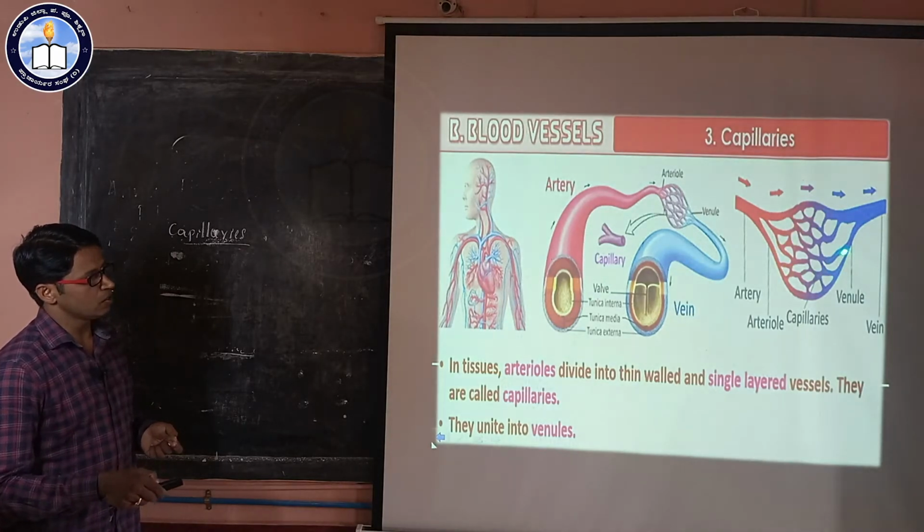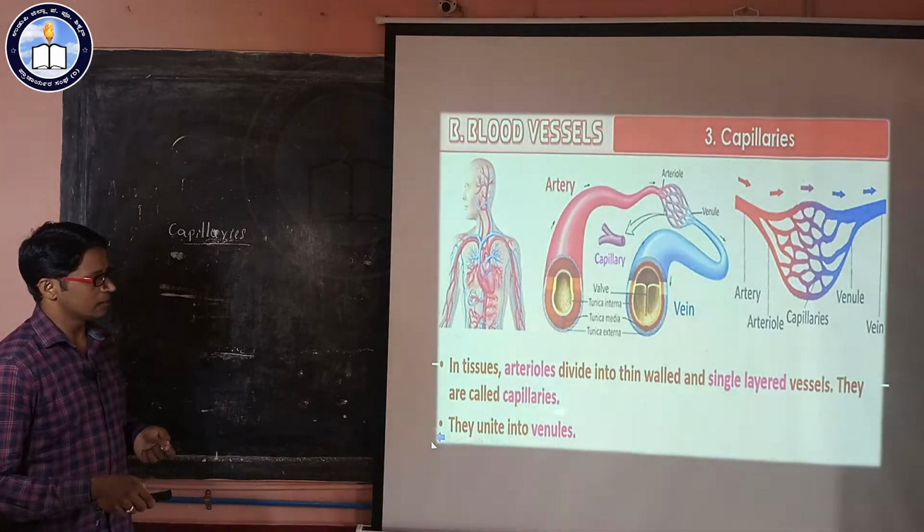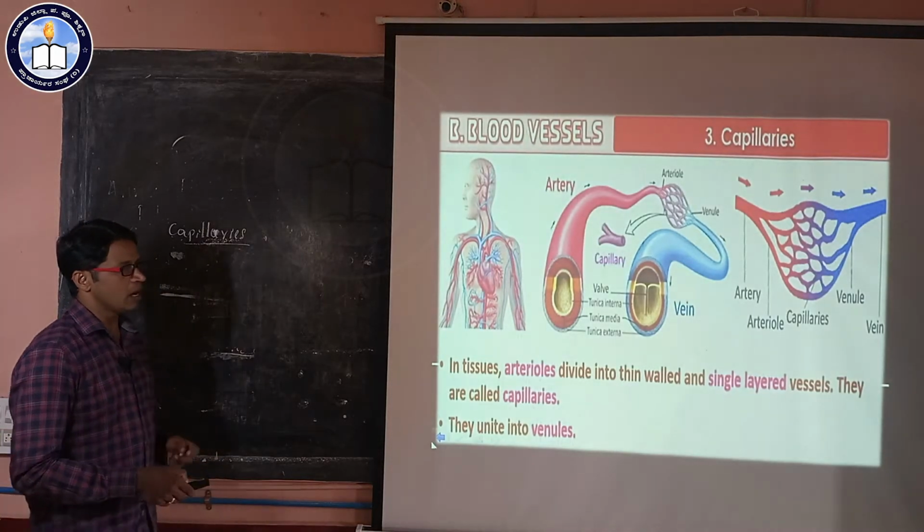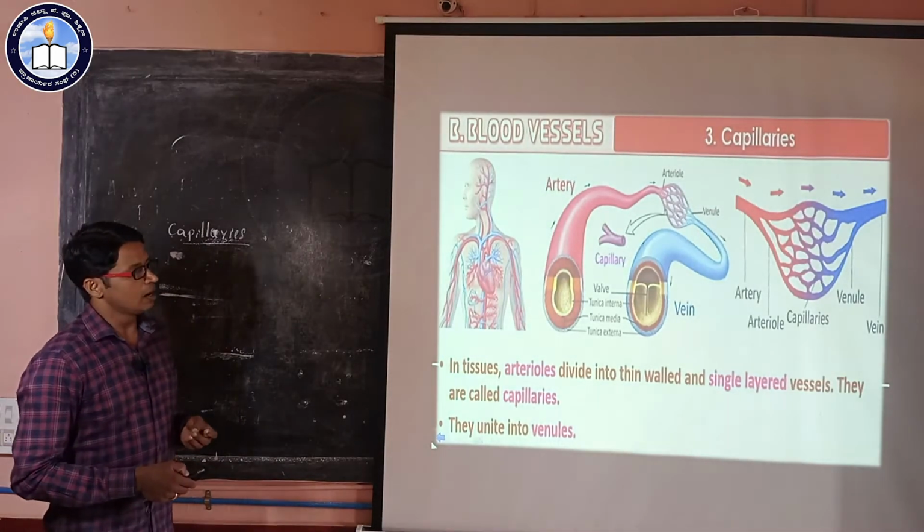It is thin walled and made up of a single layer of cells, and they are called capillaries. ಯಾಕೆ ಇವುಗಳು thin wall ಆಗಿದೆ, which helps in the process of diffusion.